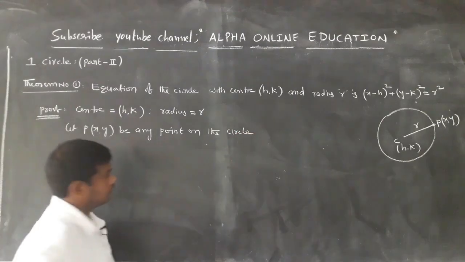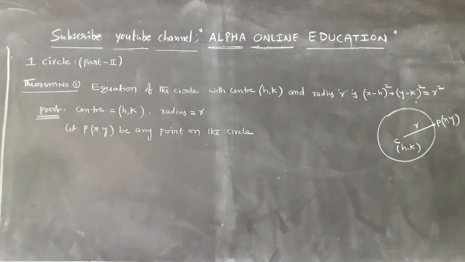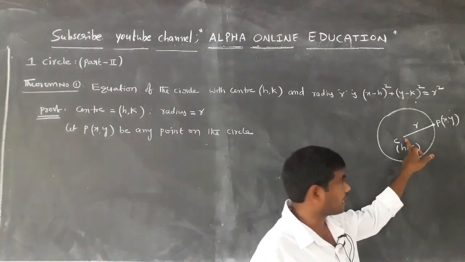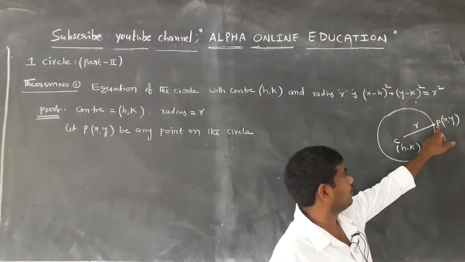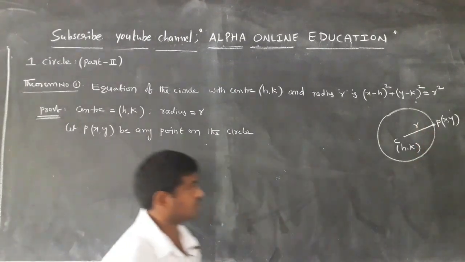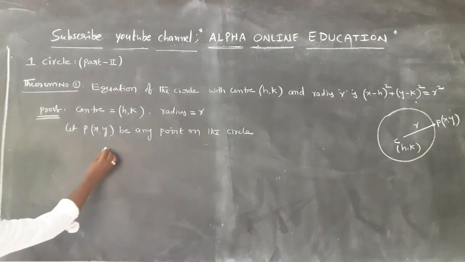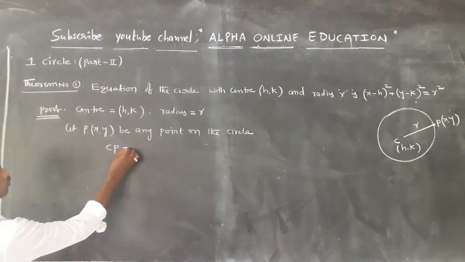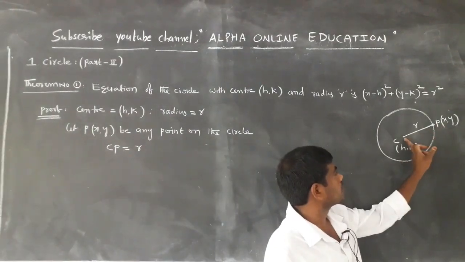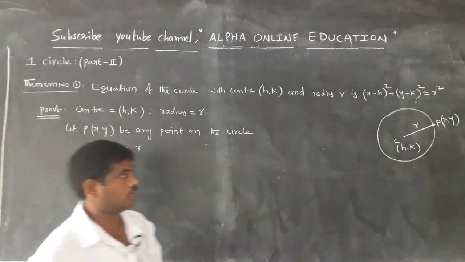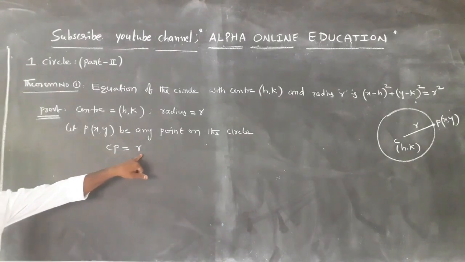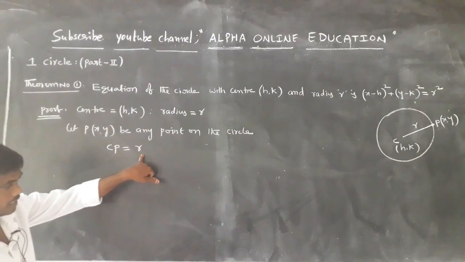The distance between the center and any point on the circle is called the radius of the circle. Means here the distance between the 2 points, center and P, means CP is equal to r.